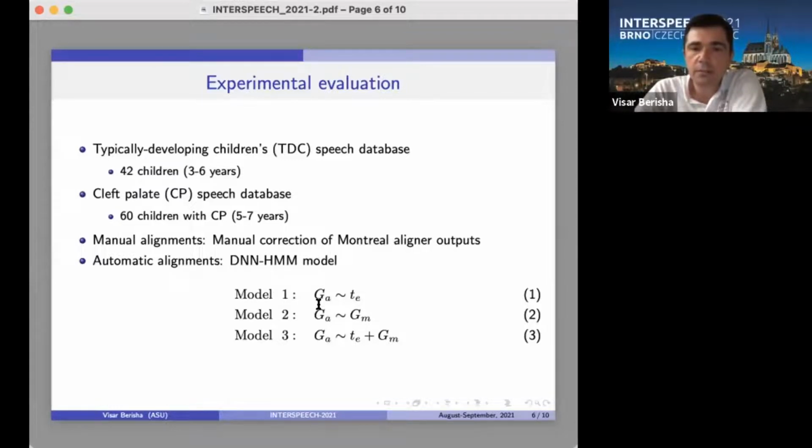The first model is just a simple linear model that relates GA, the automatic GOP, with the forced alignment errors TE. The second model is one that relates GA with the acoustic deviation, GM. And then the third model is a bivariate linear model that predicts GA using both the forced alignment errors and the acoustic deviation.